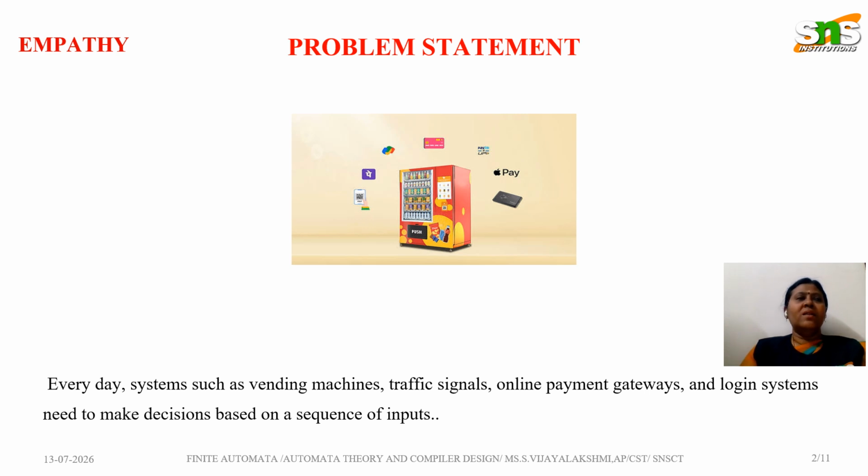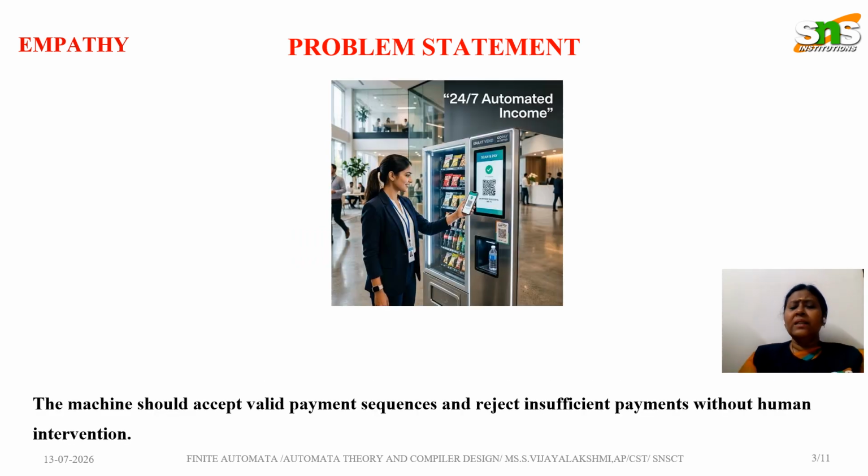Every day, systems like vending machines, traffic signals, payment gateways and login systems need a sequence of inputs to make the decision correctly. So the machines should accept valid payment sequences or reject insufficient payments without human intervention.